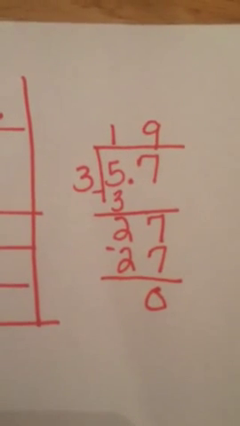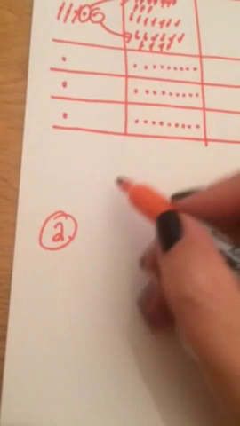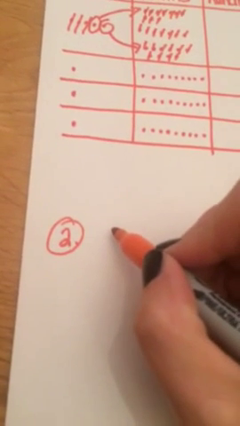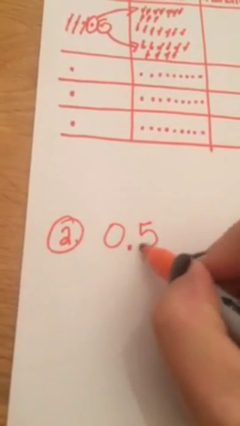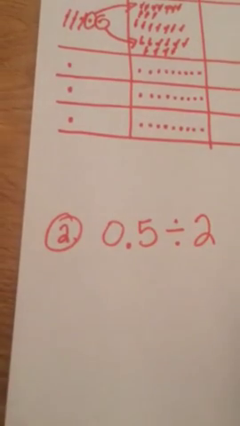I'm going to show you a second problem. Let's say number 2. Let's do one that won't come out quite even so we can see how it works. We'll do 5 tenths divided by 2.